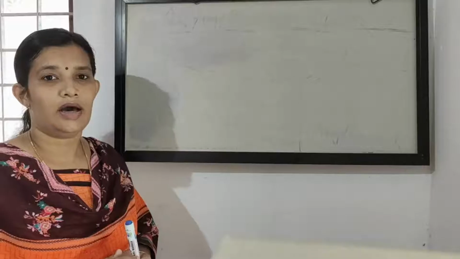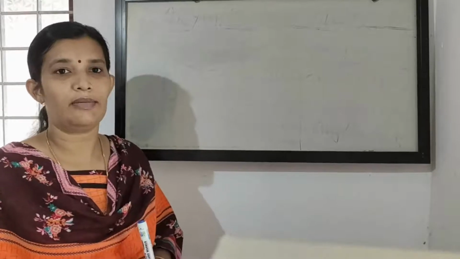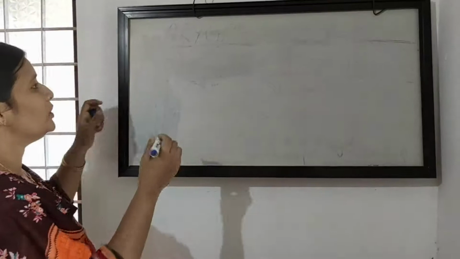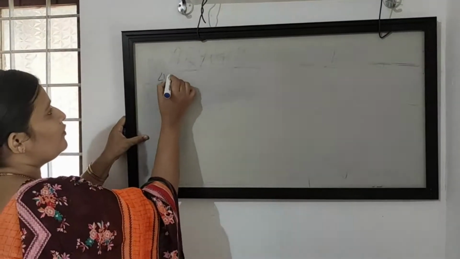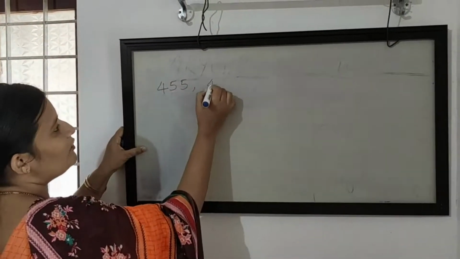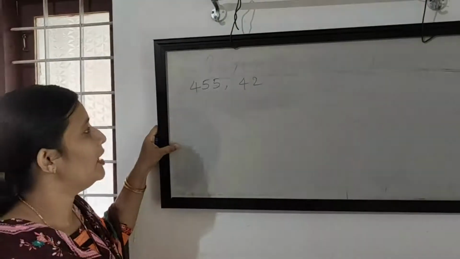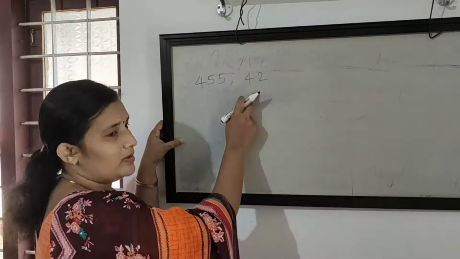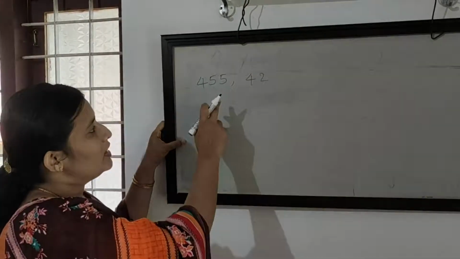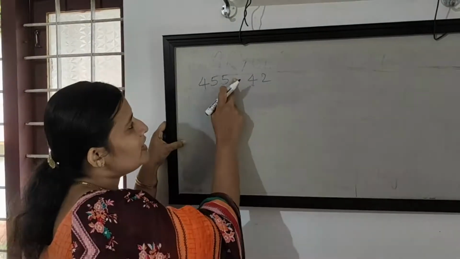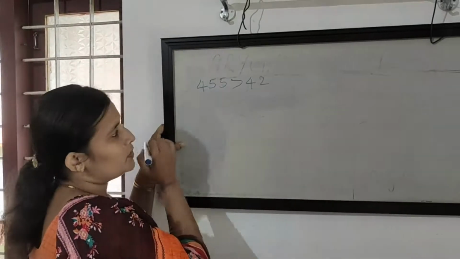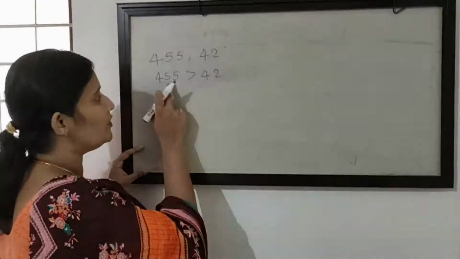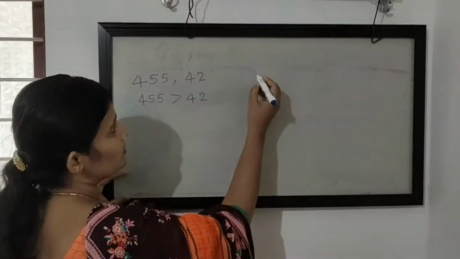I will explain Euclid's division lemma by an example. Consider two numbers 455 and 42. By Euclid's division lemma, we can find HCF of these two numbers. We know 455 is greater than 42. By division lemma, we need to divide 455 by 42.